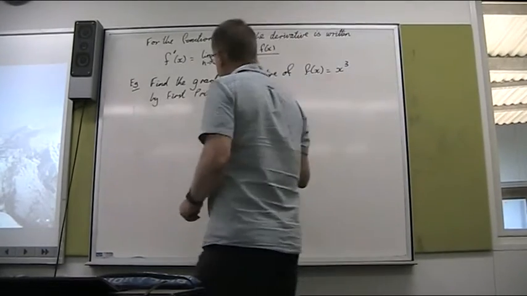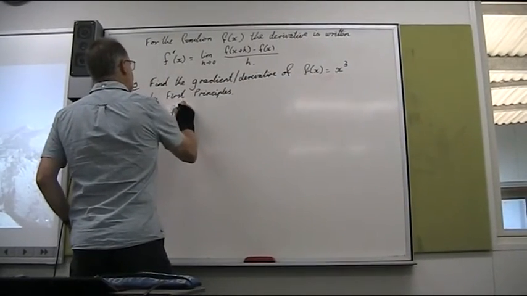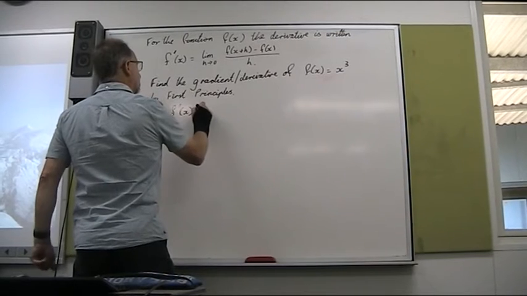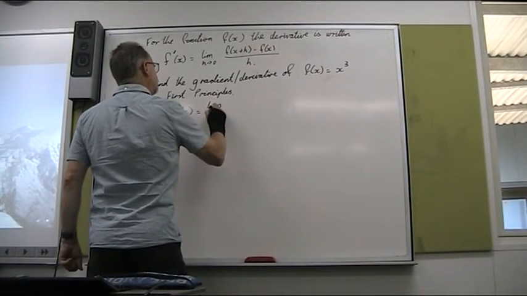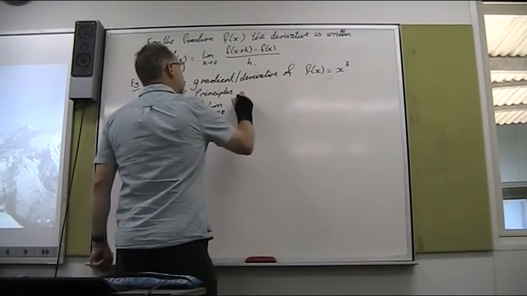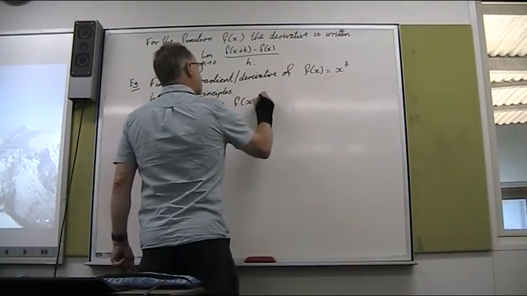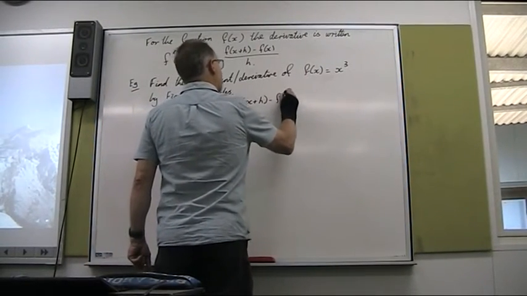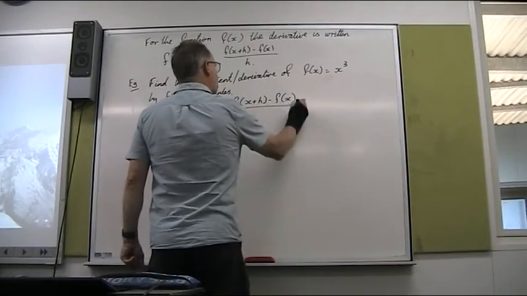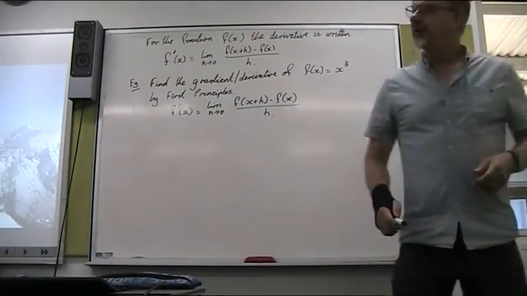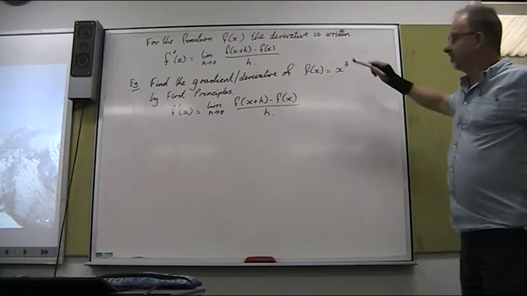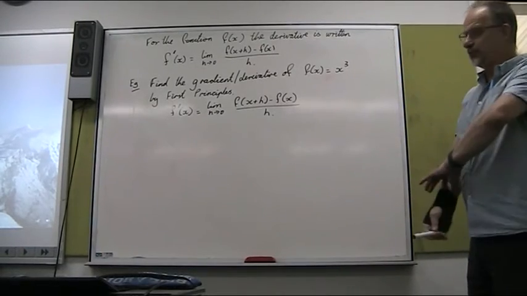All right, so first principles says f dash x, which is the gradient or the derivative, is the limit, as h tends to 0, of f of x plus h minus f of x all over h. So our function is x cubed.